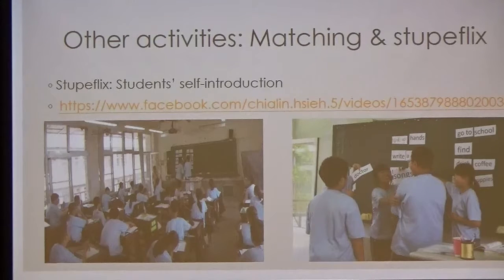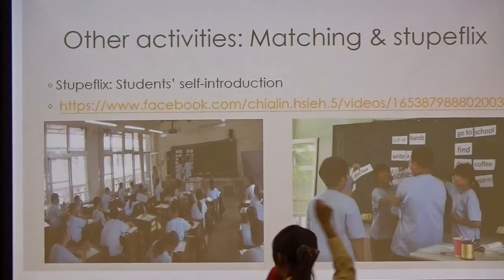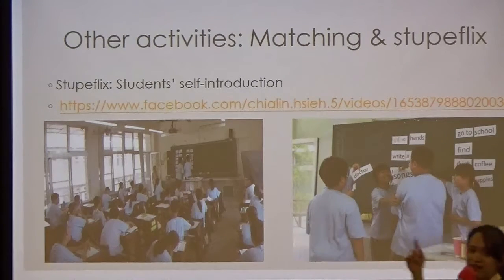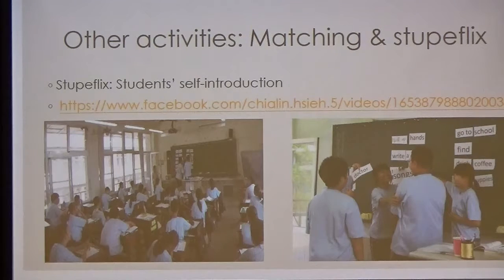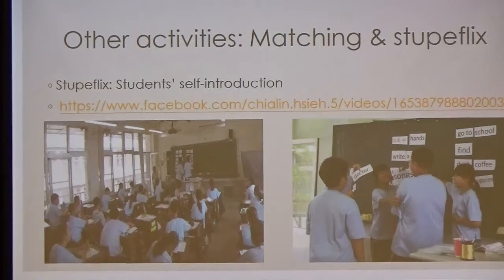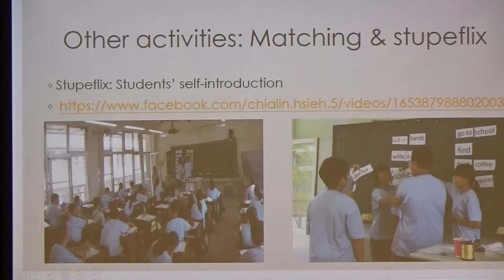For example, I say, John goes to school, and the student has to get "goes to" and "school" and put them together. That's almost a complete sentence, with the key part "go to" and "school", the content words. This is how we do this activity.